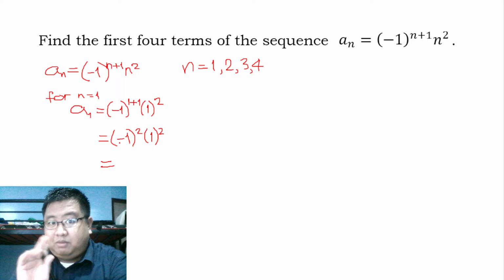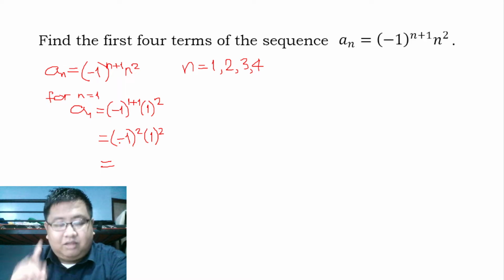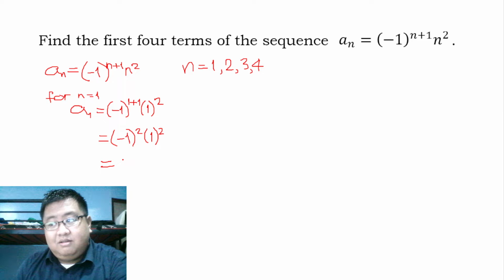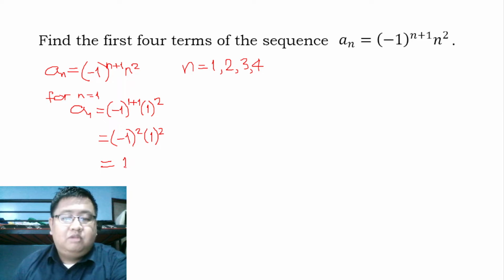No, that's a common mistake. Beware of that. It means -1 times -1. And what is -1 times -1? That is 1. Yes, 1 times 1 is 1. And remember, two negative numbers, when multiplied together, will give you a positive product.